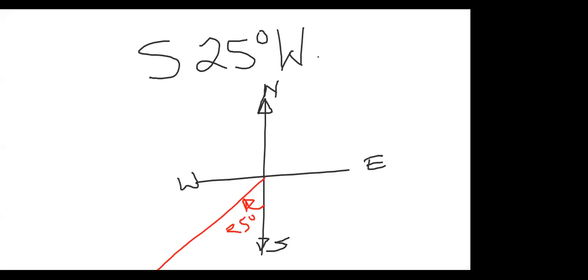So you always begin from the south and then you measure 25 degrees. Likewise, again, if someone gives you S 25 degrees east, like that, you still know what that one means.